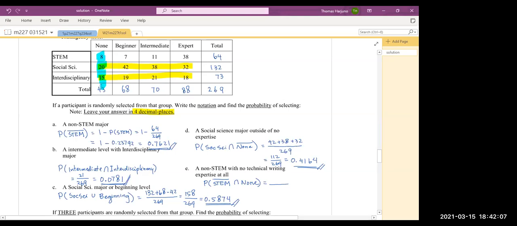Wouldn't an easy way be 132 plus 173 minus the 20 and the 15? No, you're thinking of what? This is not union, it's intersection. It's easier than what you thought.